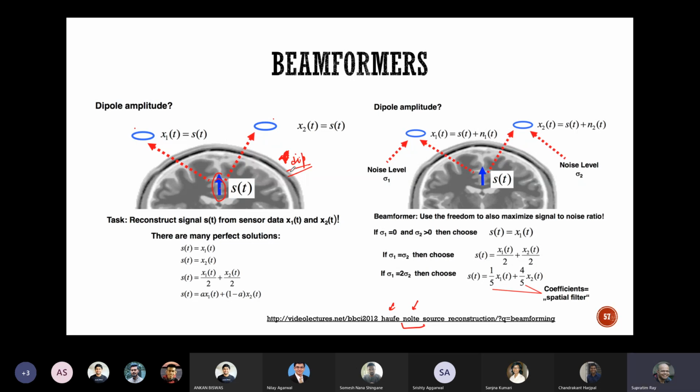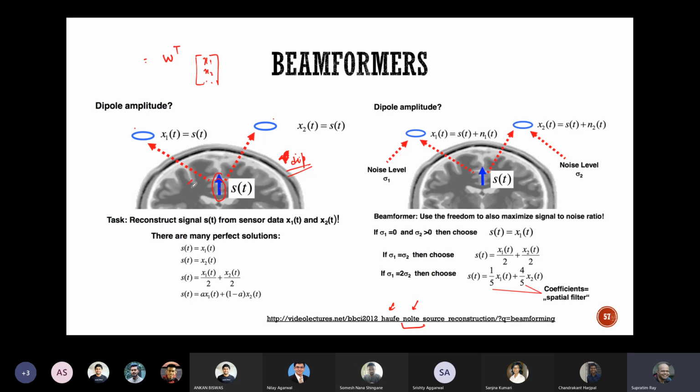So I'm essentially looking at a weight vector, which I'm going to multiply with my sensor vector. So x1, x2, whatever. W is some column vector, so this becomes a row vector. So W transpose X is just one entry. This thing should approximate my source at a particular location.